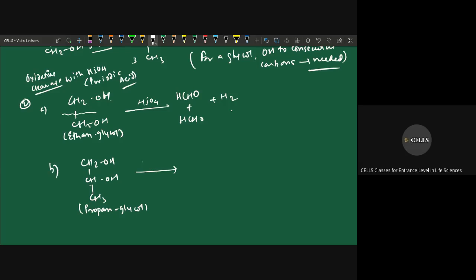So if we do this HIO4 treatment, periodic acid treatment, there is a cleavage between these and you will get this: HCHO plus CH3CHO. Done. These things are really important.